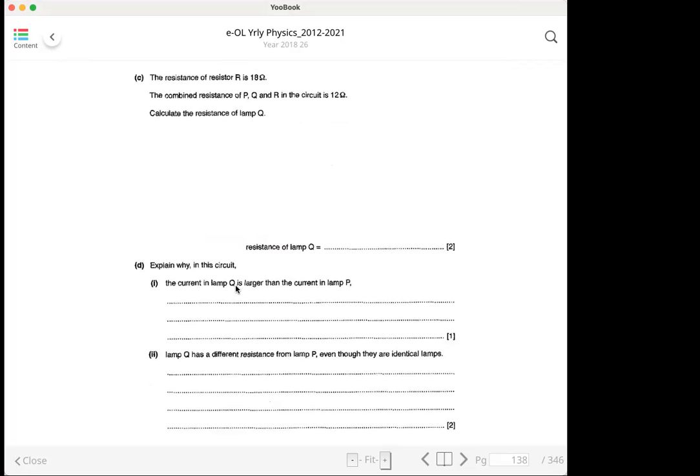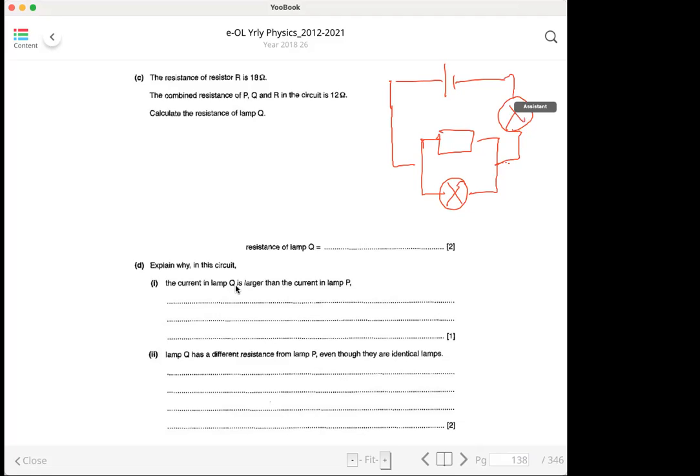Let me draw the thing for you. Simple one. Not exactly the same. Can ignore the switch as well.